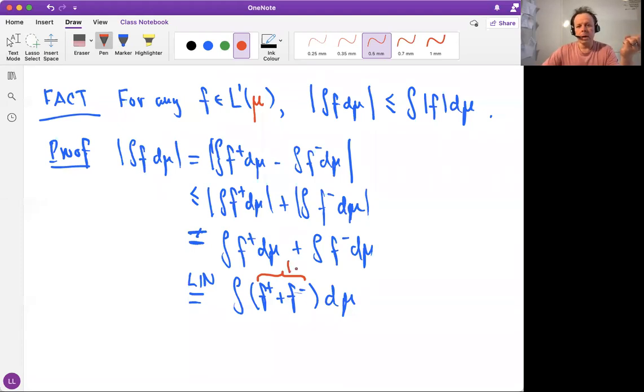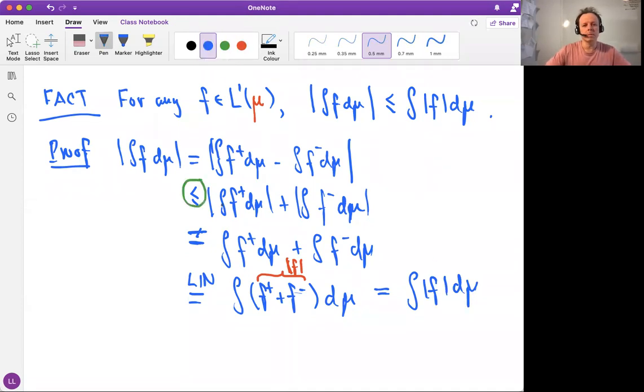So at every point, this value is equal to the absolute value of f. That's why what we have here is just the integral of the absolute value of f. And here is that crucial inequality sign, the triangle inequality of ordinary real numbers. So that's the proof. Do you have questions?